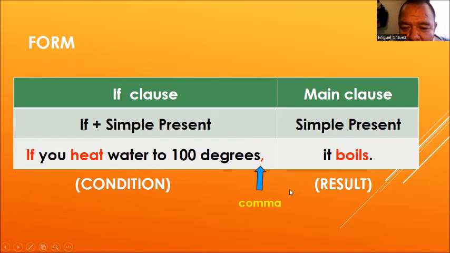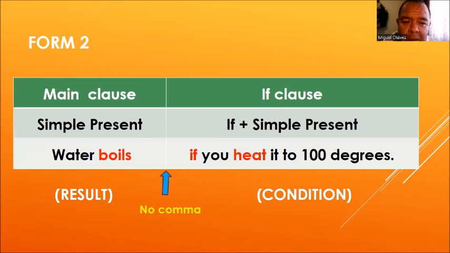Another aspect that we need to take into account is that if we start our zero conditional with the word if at the beginning, we need to use a comma before we mention or write the main clause. Another way to do this structure is saying or writing first the main clause and then the if clause.